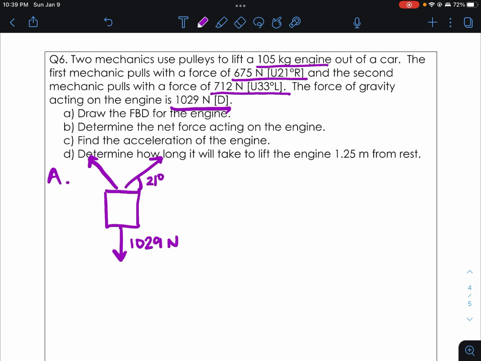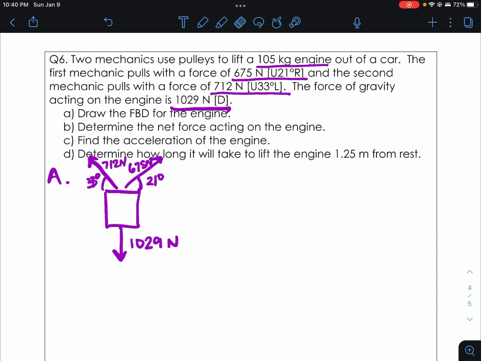And this one is 33 degrees. This is 675 newtons. And this is 712 newtons. And I drew those angles wrong.